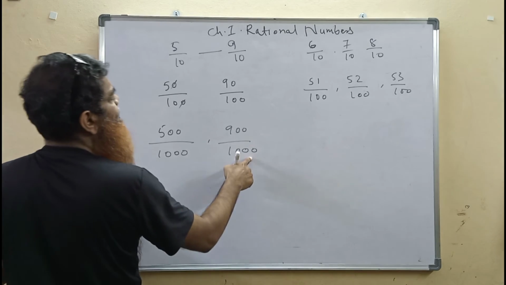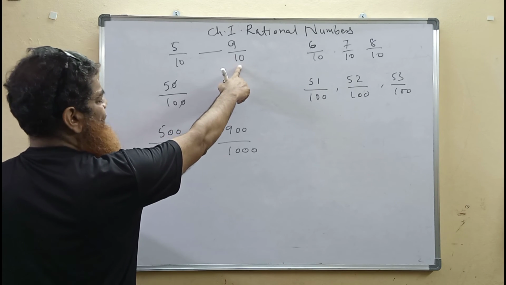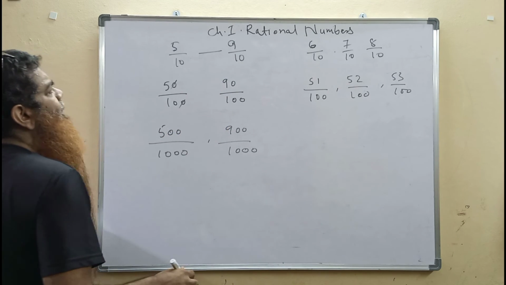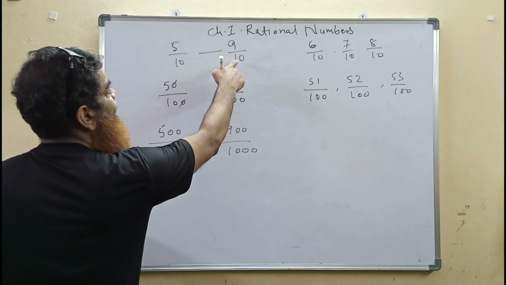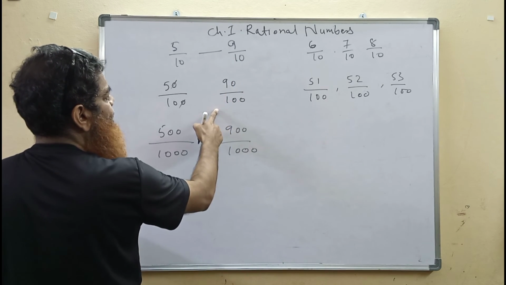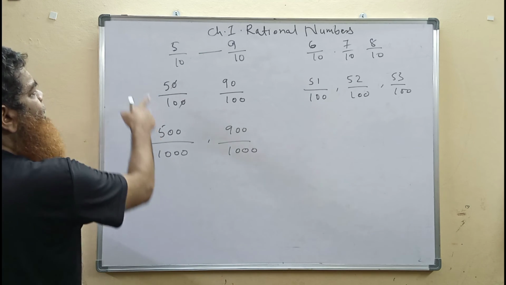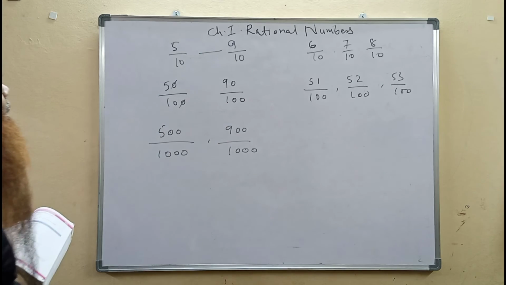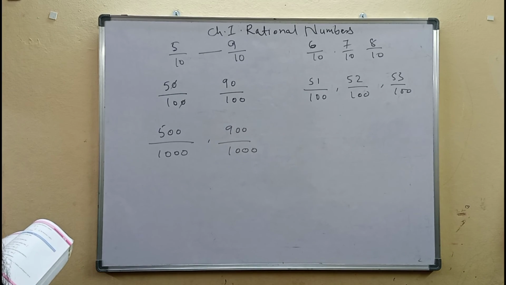These are equivalent fractions. 9 by 10, 90 by 100 and 900 by 1000 are equivalent fractions. Similarly, 5 by 10, 50 by 100 and 500 by 1000 are equivalent fractions.